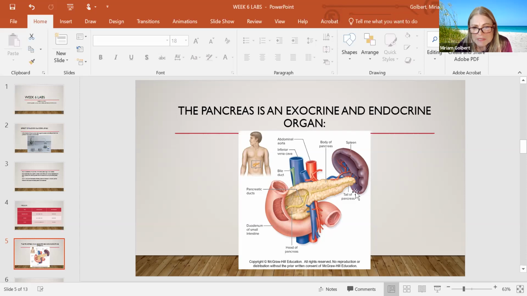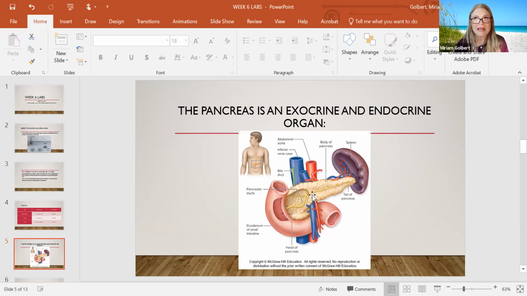So the pancreas, as I mentioned, is both an endocrine and an exocrine organ. The exocrine portion is represented here by this yellow duct, which is the pancreatic duct. So anything that secretes its secretions in ducts and into organs or onto a surface is considered exocrine.